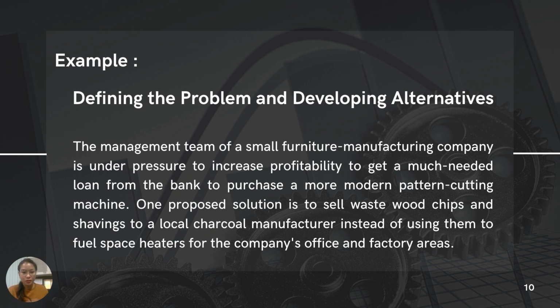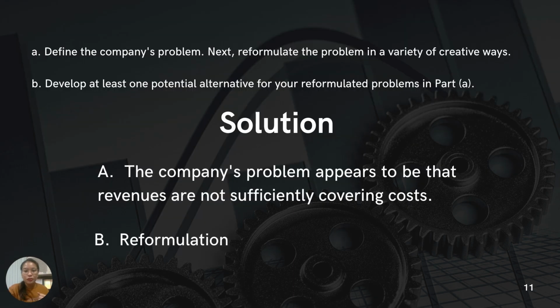So the steps that would be made part of the process is to define the company's problem. Okay, so what is the problem of the company? Next is reformulate the problem in a variety of creative ways. Okay, and letter B, develop at least one potential alternative for your reformulation in the first part.